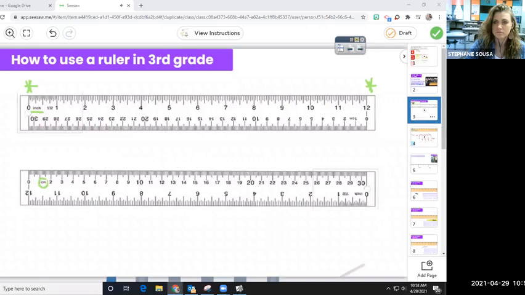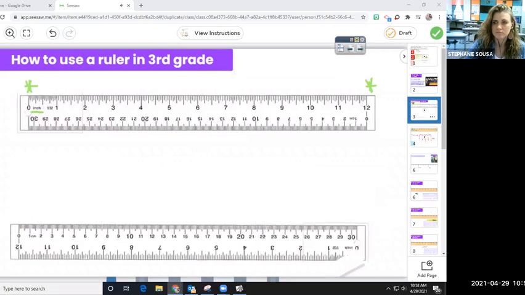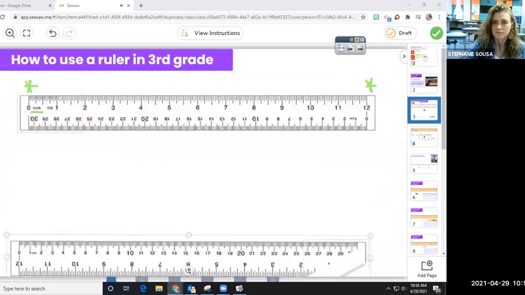The cm stands for centimeters. We are not going to be measuring in centimeters during math this week. We're only going to be using inches. So if you are given a ruler, you want to check that you are measuring on the correct side. One easy way to tell is to check that it ends with 12 on the side that you are using.